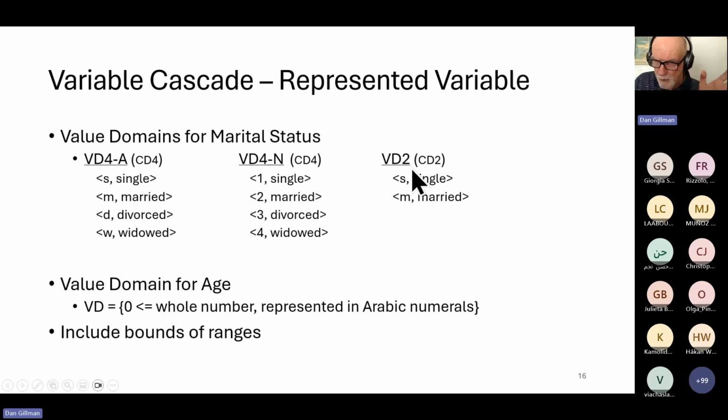We can do the same with the two category set. For age, we're interested in whole numbers, and typically we represent that using Arabic numerals. And this will also include the bounds for the range. So we may have a top code as well as a bottom code.